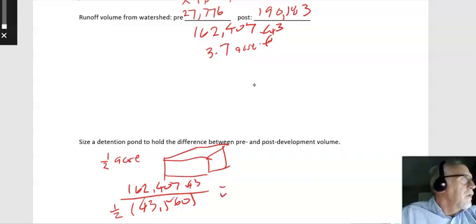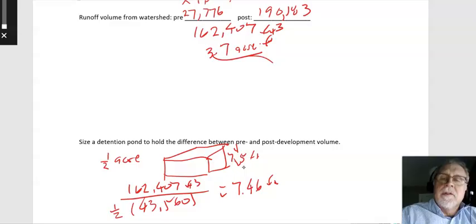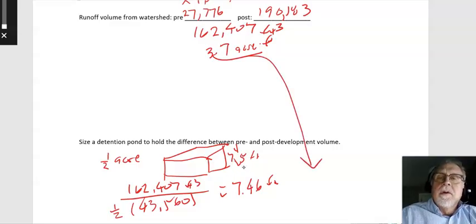That equals 7.46 feet deep. Or I could have just taken this number and said, if it was 1 acre, it needs to be 3.7 feet deep, so if it's half an acre, it needs to be twice that.